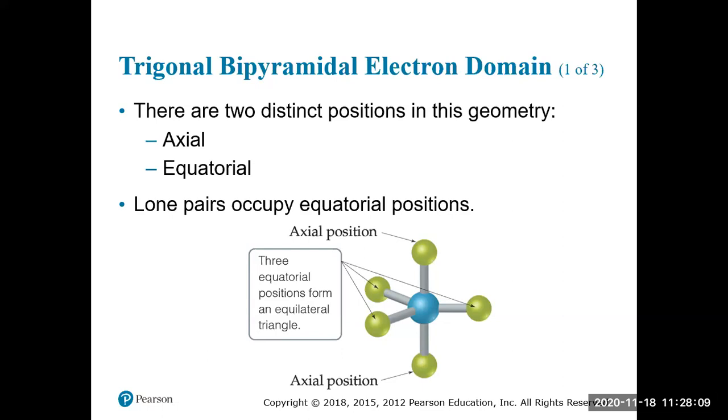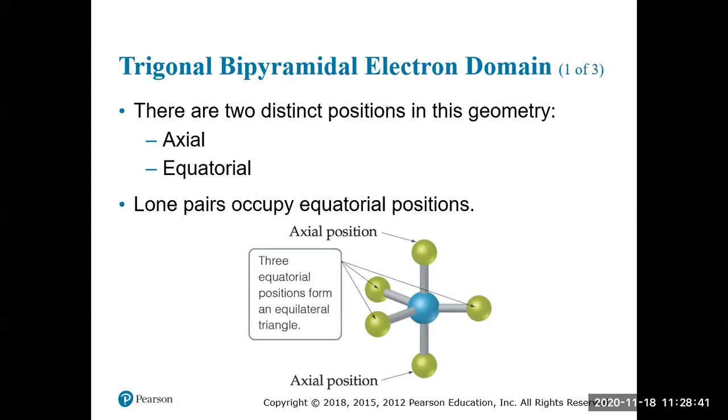The 3 that are on the same flat plane in the middle are considered the equatorial positions. So the equatorial forms like a little triangle, and the axial is the straight line up and down. When we're assessing the molecular geometry based on the electron domain geometry, any lone pairs that we have are placed in the equatorial positions.